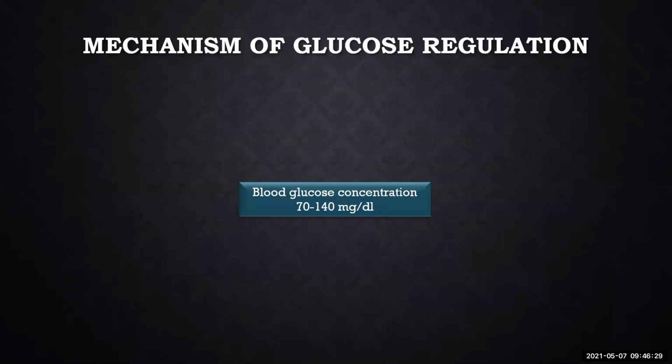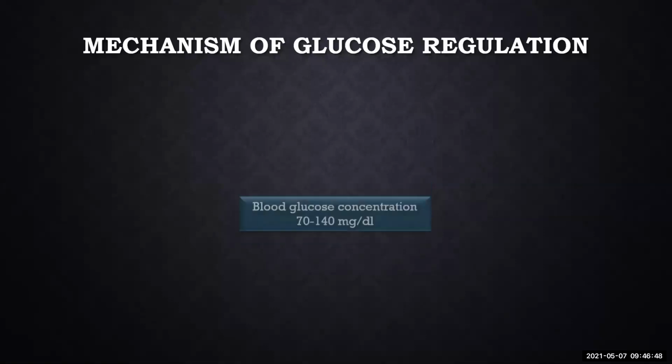Whenever it decreases below 70, there are mechanisms that will start increasing the blood glucose level. Similarly, if it goes beyond 140, there are mechanisms within our body which will decrease the concentration through different processes. Let us start with the first one.